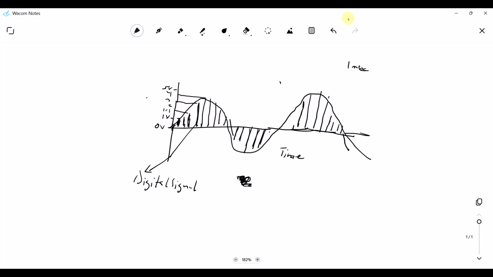The main idea is to get as many samples as you can so that you can represent the signal almost exactly as it is. You realize that the more samples you take, the more you will be able to represent the original analog signal.